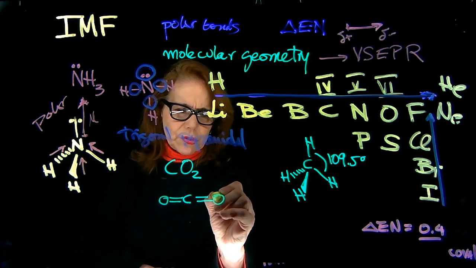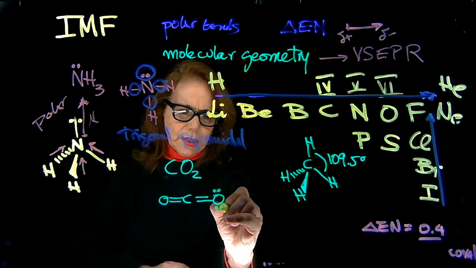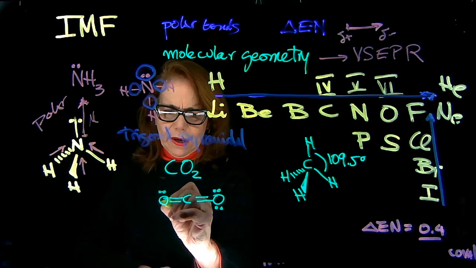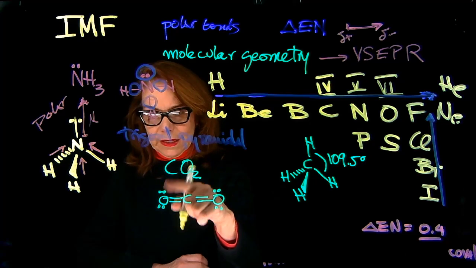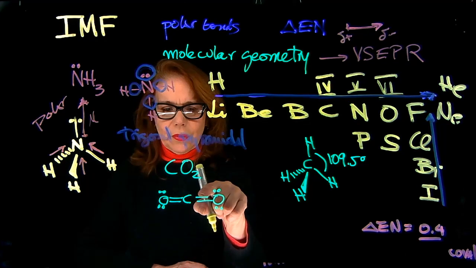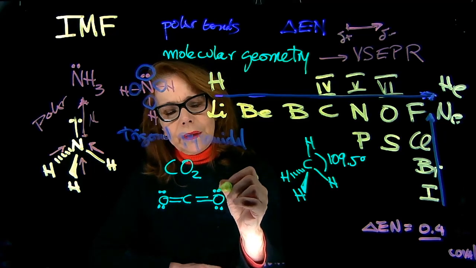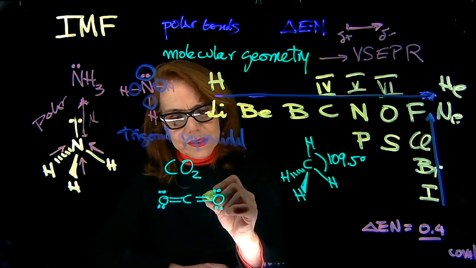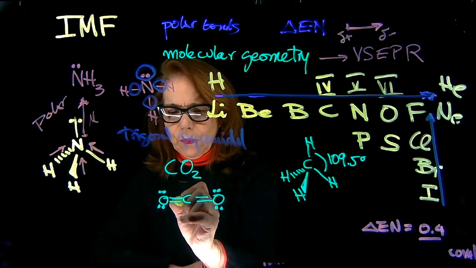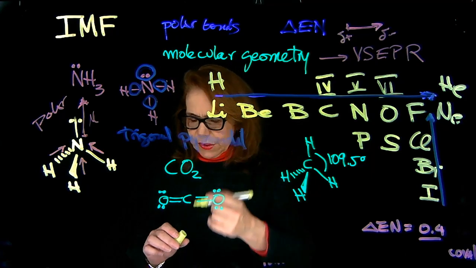So the Lewis structure with the dots is this. If you count electrons around the central carbon, you have 2, 4, 6, 8, so the octet is fulfilled. Here at the oxygen, 2, 4, 6, 8, same. So that is my Lewis structure.